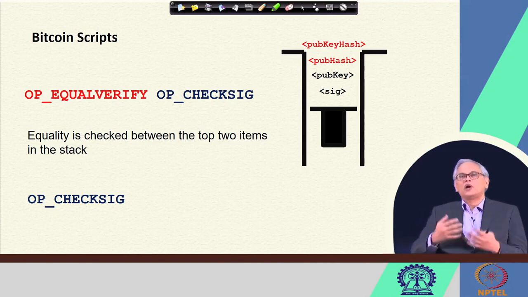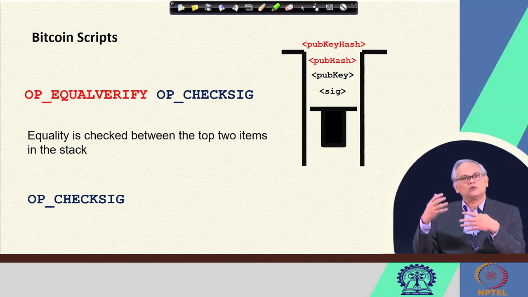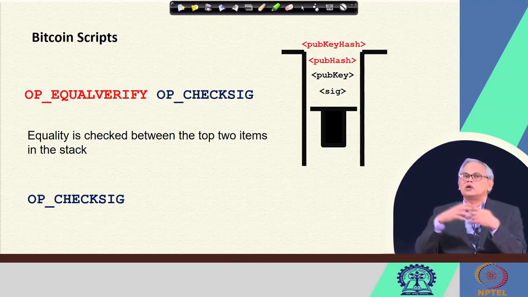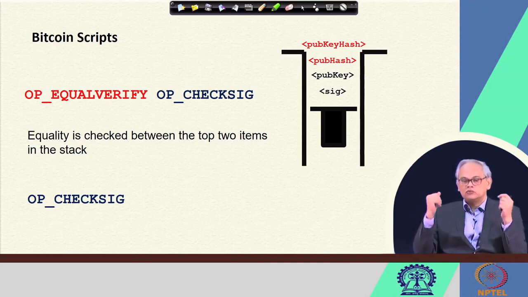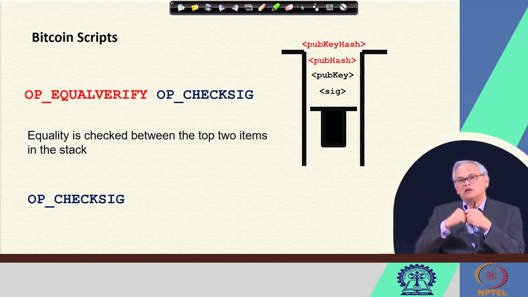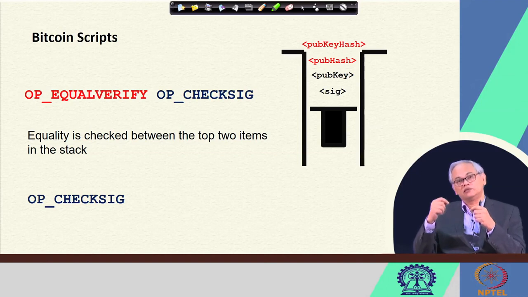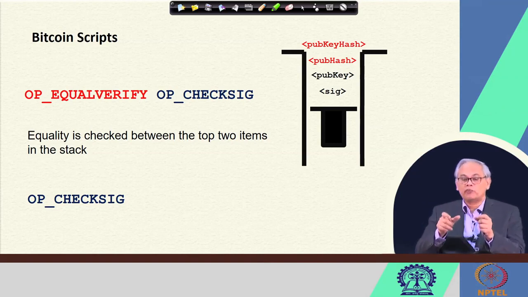Now, you might wonder what is all this going on, so that the checking actually is happening. So, understand what Bob did. Bob had pushed the SIG and his pub key. That pub key was duplicated, and from that the hash was generated, which is this pub hash that you see in this slide.